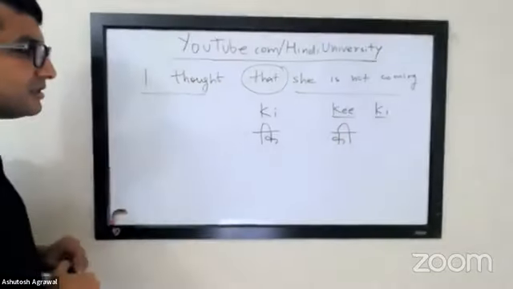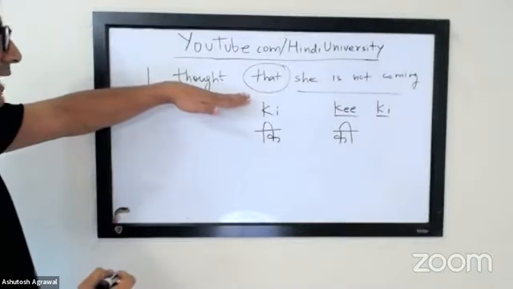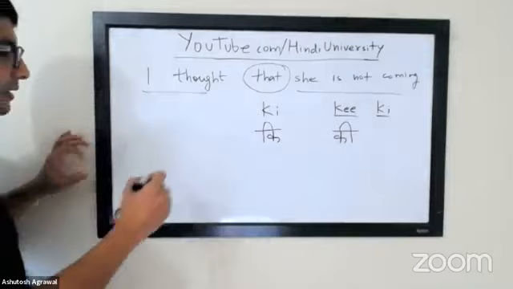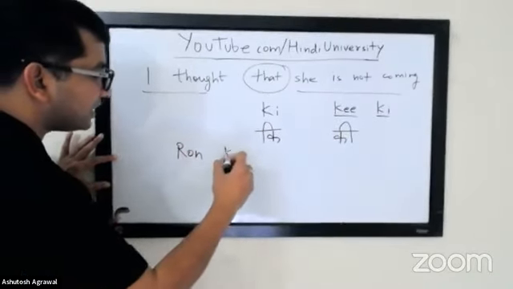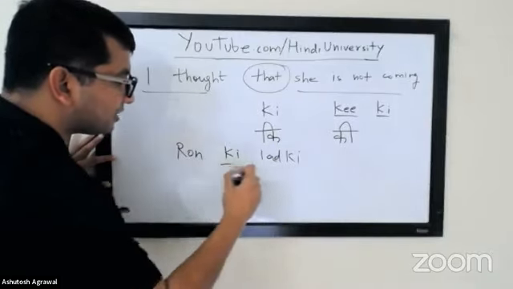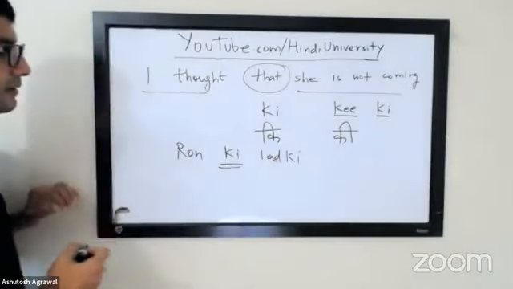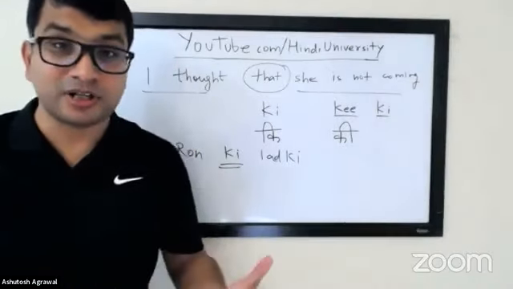Can anyone tell what is the difference between this and this? I have the sentence, I thought that she is not coming, and I also have a phrase, Ron ki ladki. What is the difference between this and this कि in मैंने सोचा कि वह नहीं आ रही है? They both are ki.